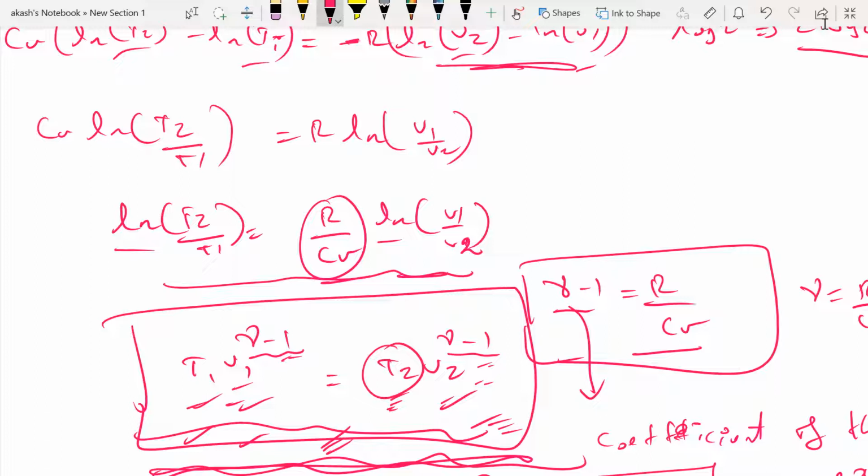A gas is cooled and loses 65 joules of heat.